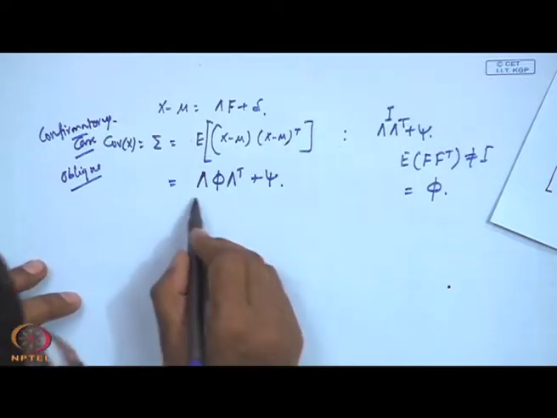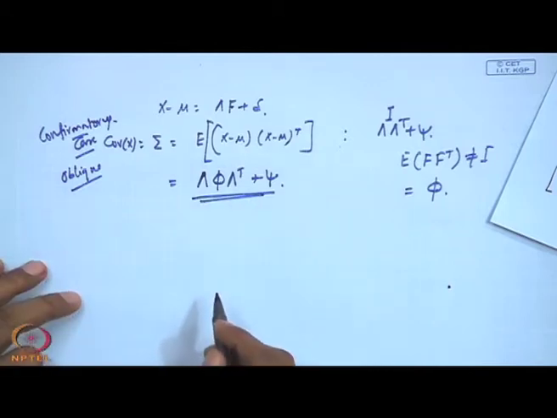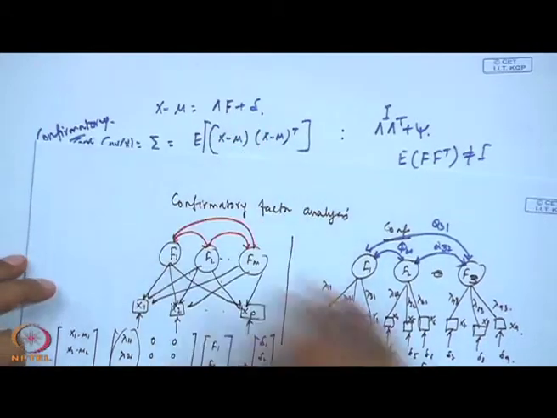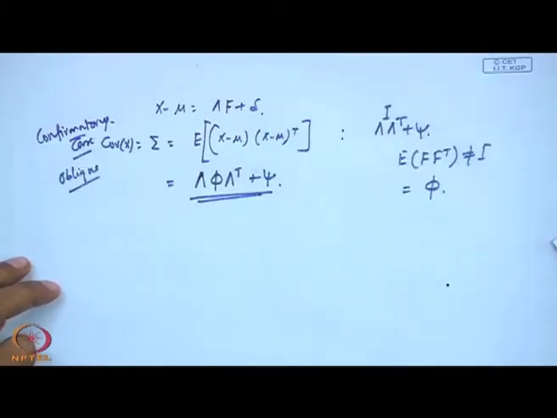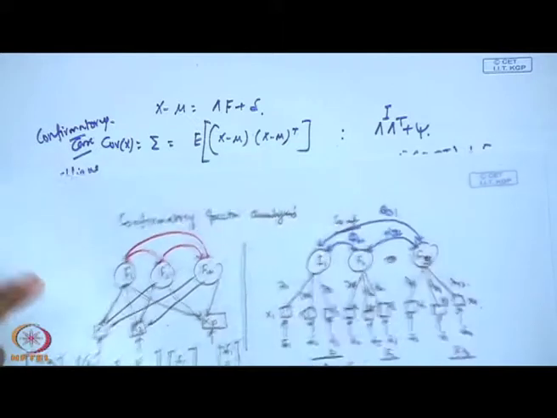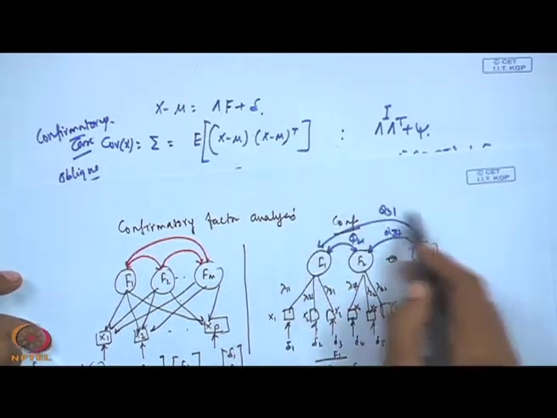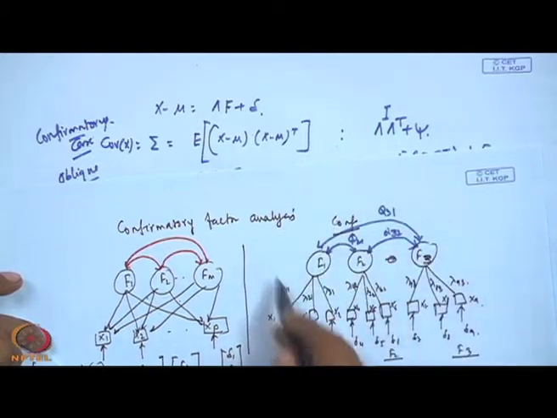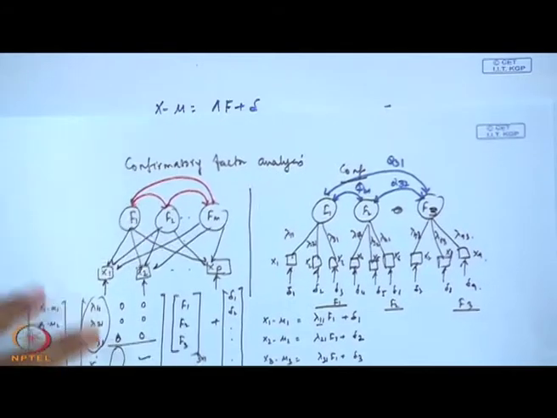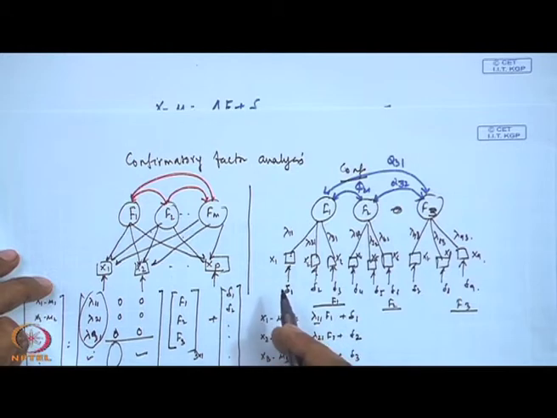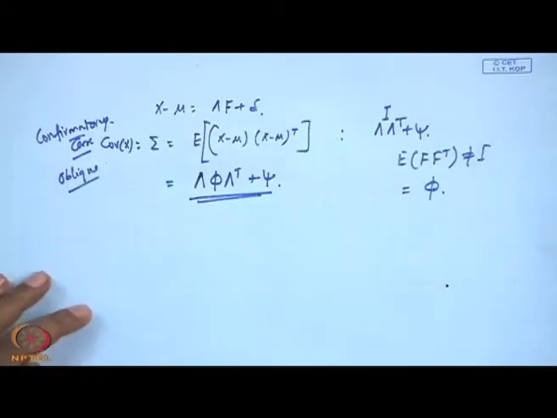Keep in mind that there is a definite purpose in going for oblique, because we basically want to measure these factors as well as their interrelationship. This interrelationship is very important for all of us. Otherwise, there is no difference.